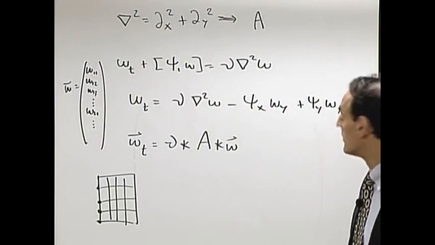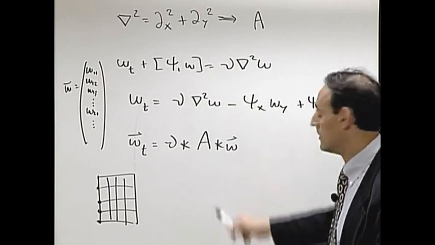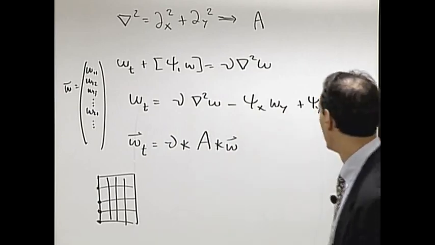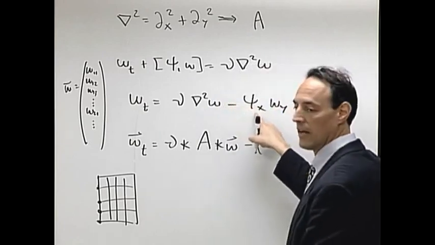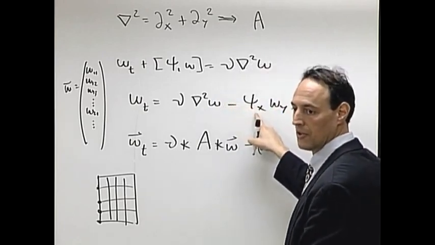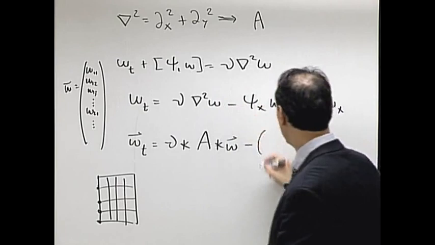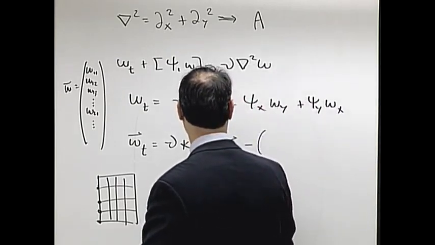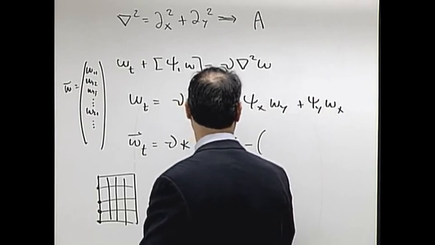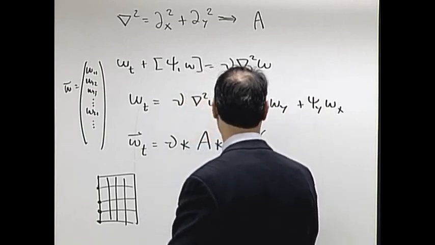And the claim is here that these guys are easy. Because what they are is minus psi of x. Well, there's an x derivative. And let's think we can construct a B matrix that does an x derivative and a C matrix that does a y derivative.